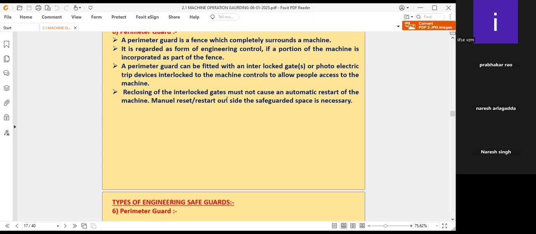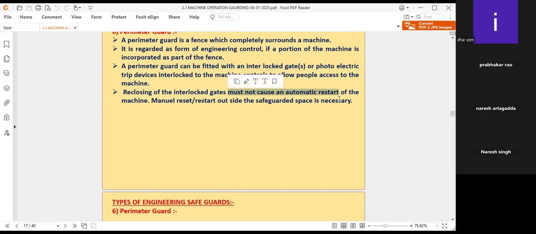Reclosing the interlocked gates must not cause automatic restart of the machine. Manual reset or restart outside the safeguard space is necessary. It's a very, very important point, sir. Once the work is over, reclosing of the interlocked gates must not cause automatic restart.